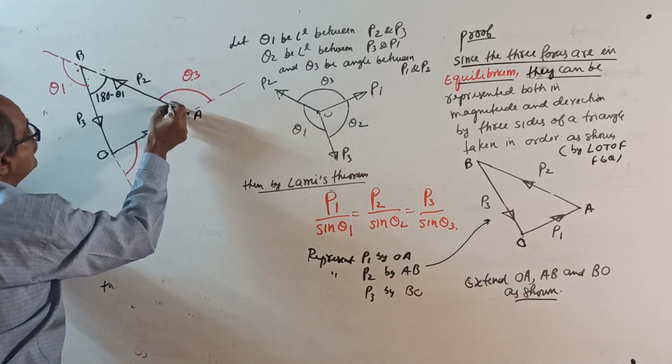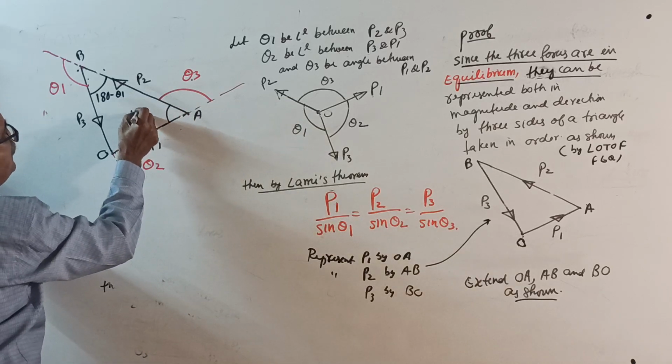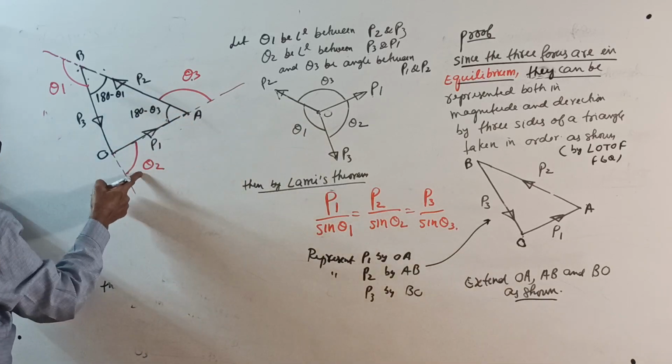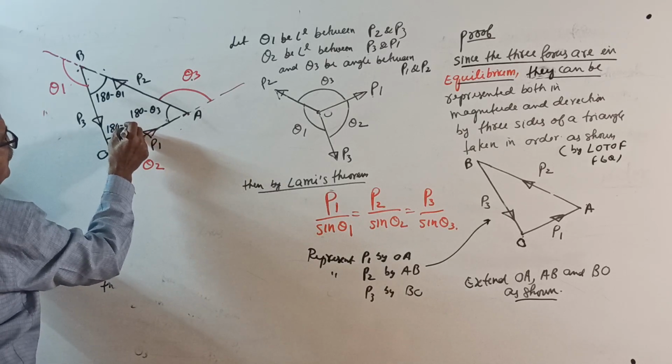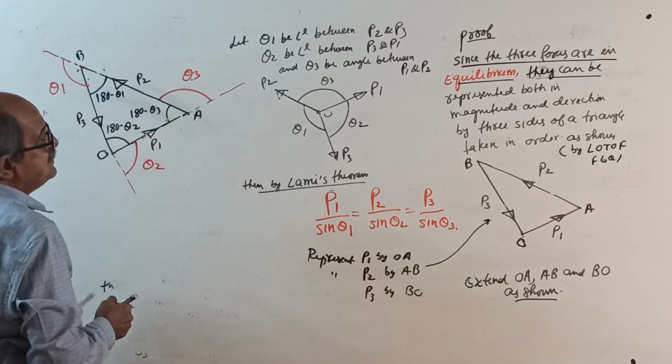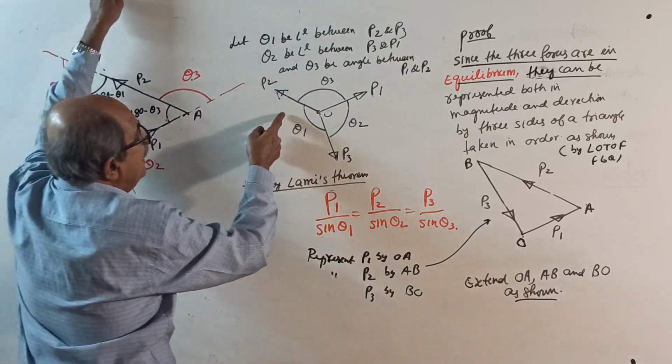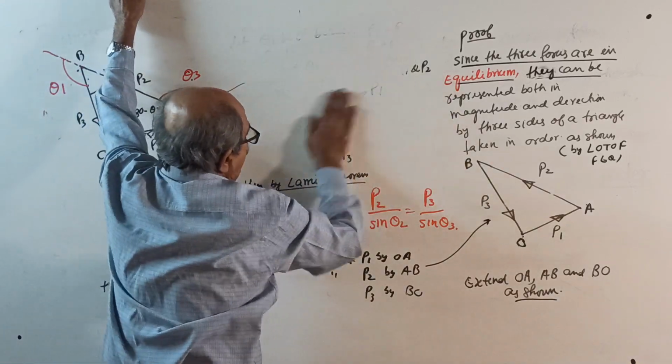If this is theta 3, this is 180 minus theta 3. If this is theta 2, this is 180 minus theta 2. Okay, write this sketch right here. Then I will remove this one now, not required.